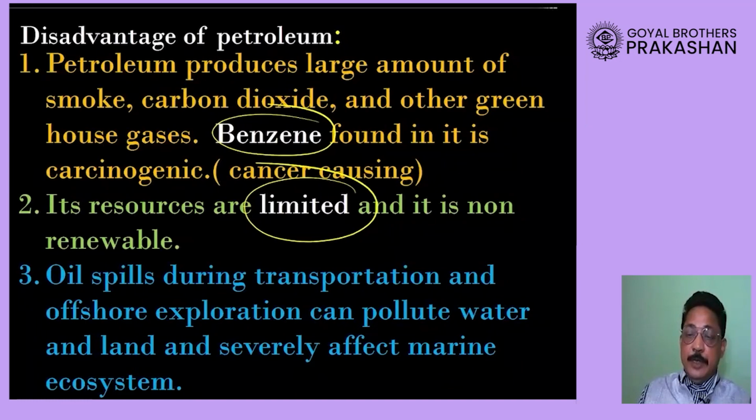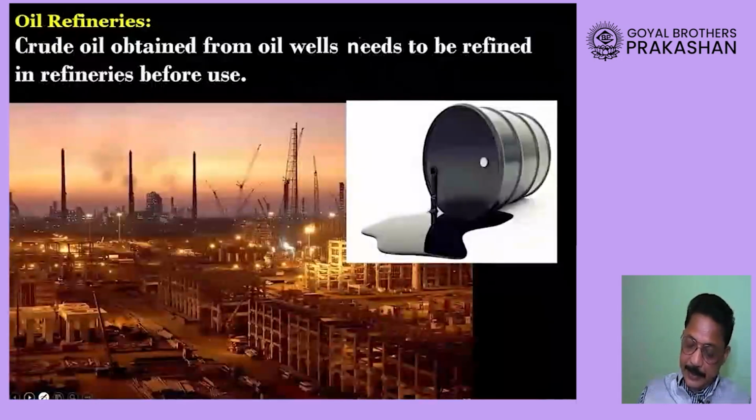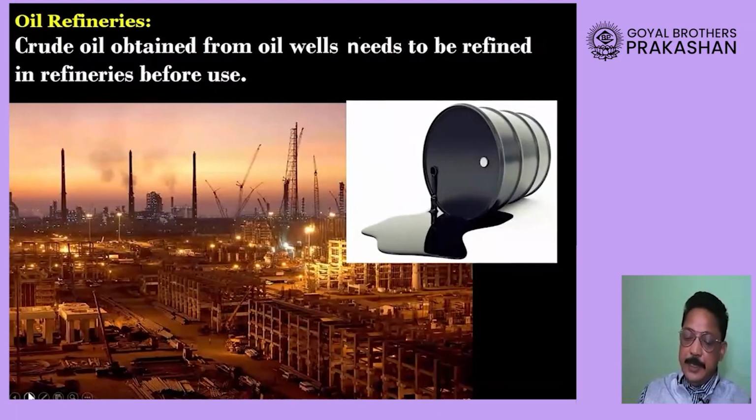It will also spoil the beauty of the coastal area. They produce smoke. We have studied these. Look at the oil spill that is occurring here. Dangerous thing. And dear students, an oil refinery, we have seen, is a place where oil is purified.